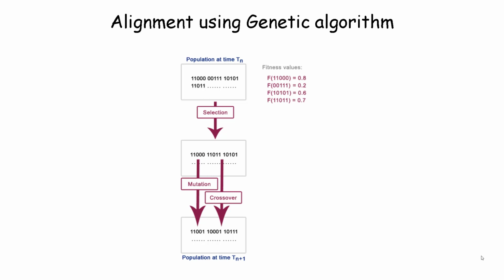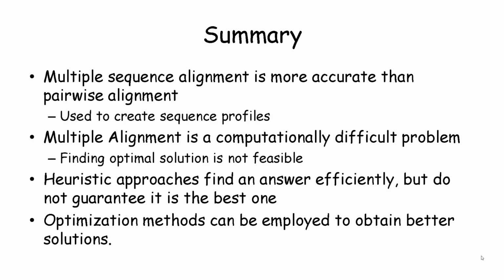Genetic algorithms and other randomized search algorithms overcome the accuracy limitation of the progressive alignment strategy and produce better alignments with a modest increase in computational time. In summary, multiple sequence alignment results in biologically more accurate alignments than pairwise alignments.